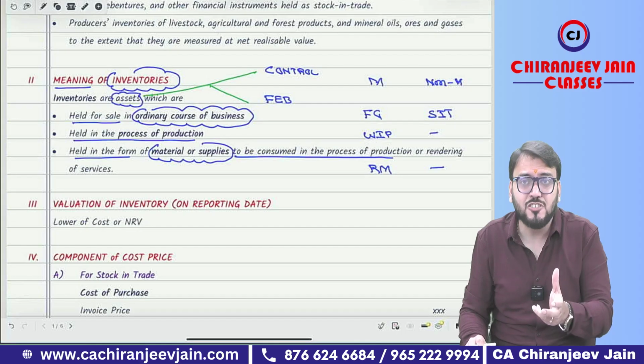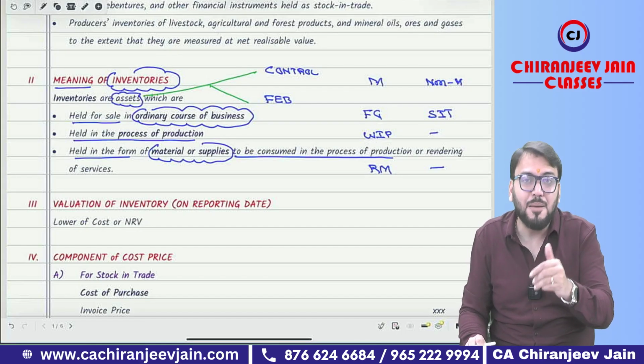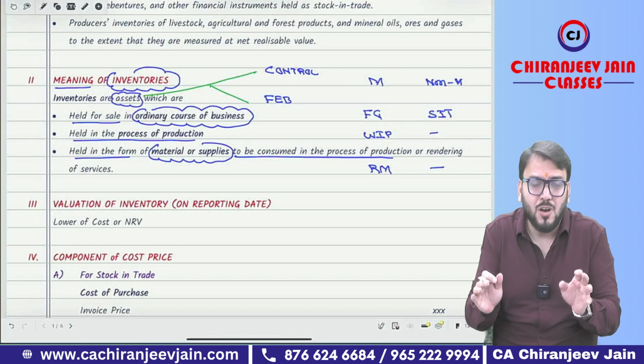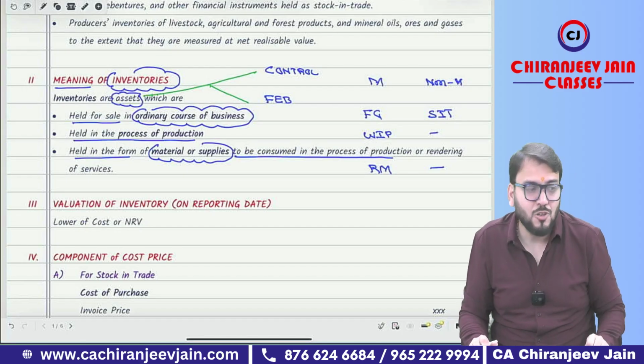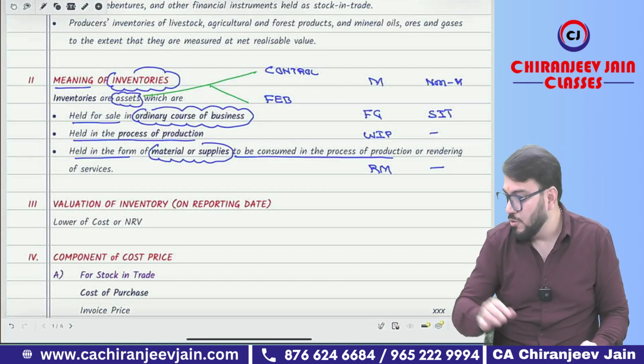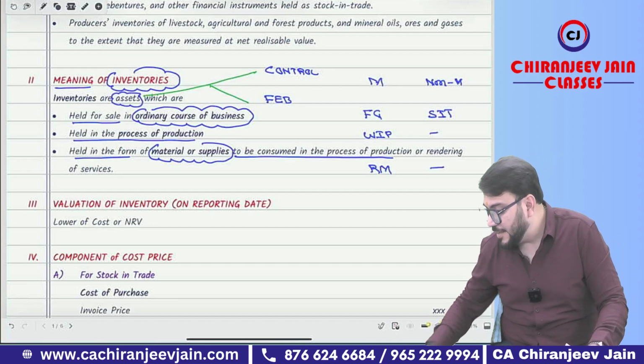Just try to understand. Right now I am engaged in the service business because I am giving services to you. So for the mic, I have some batteries. I have some stock of batteries. I'll just show you. Where is the stock of battery? I have the battery, I am using the mic, and for the mic, I have batteries.